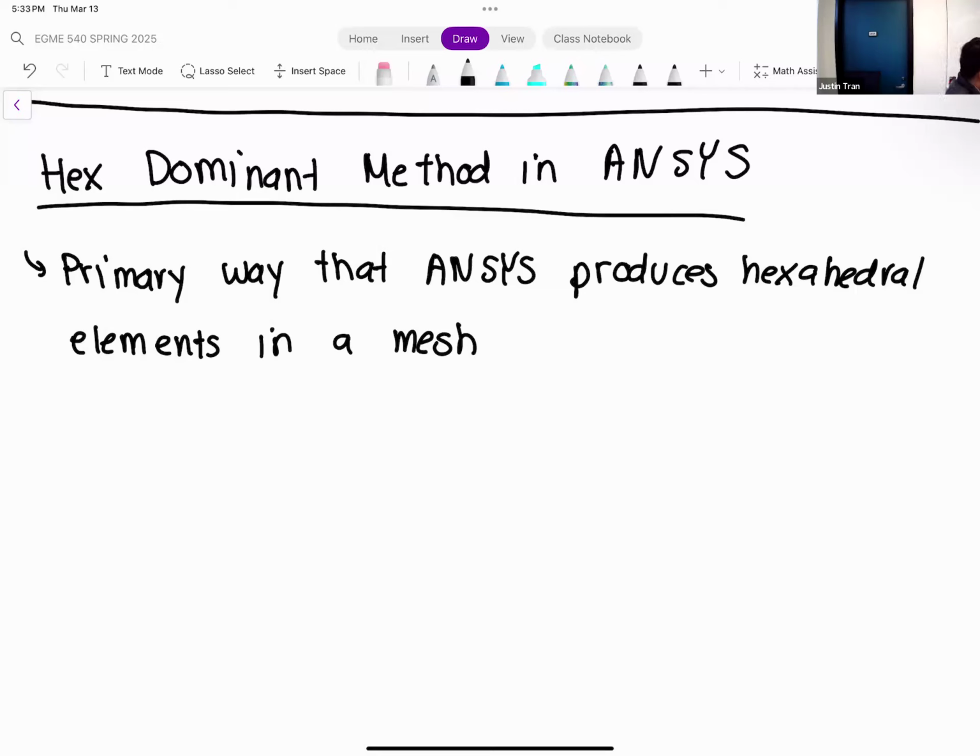And let me start by saying that this is actually quite advanced. And so having a hexahedral mesher and having it be kind of a default option within the finite element software, this is not something that's common. Because producing a hexahedral mesh is normally very, very difficult. So the fact that this is an option in ANSYS is actually a very, very nice feature. And it's actually one of the main reasons why ANSYS kind of sees a lot of widespread use.